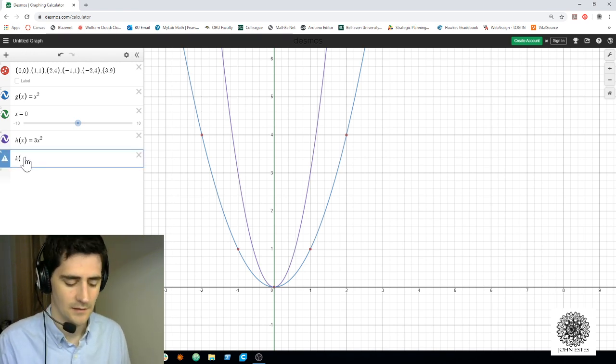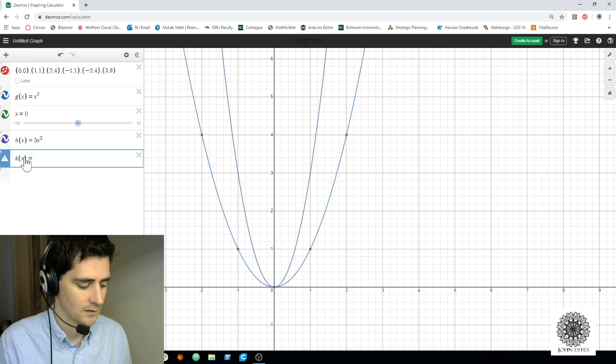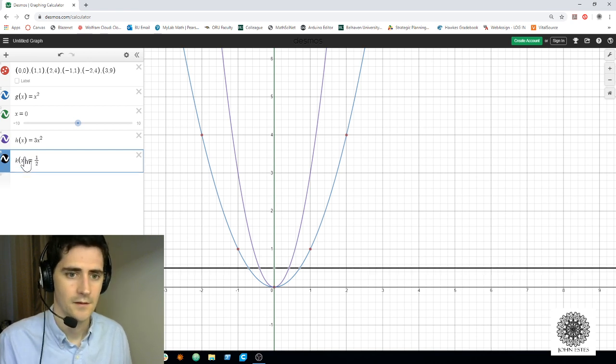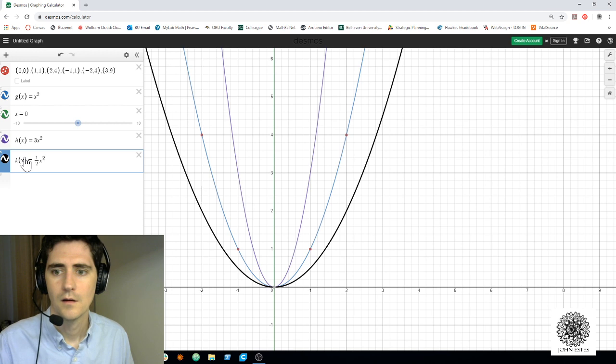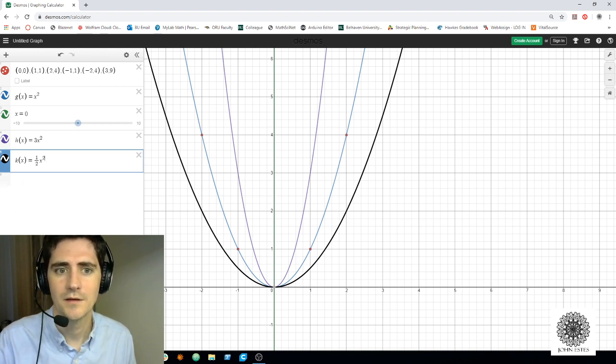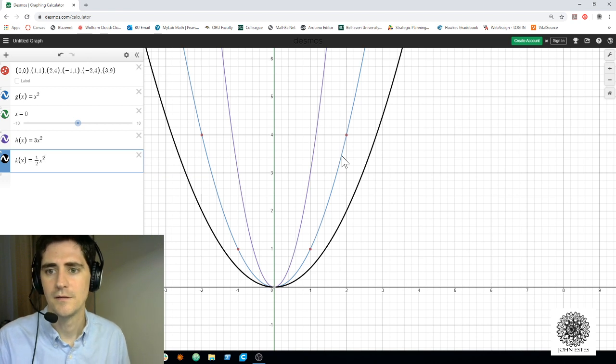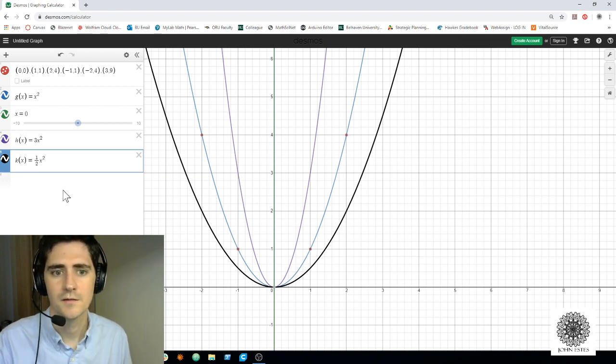If I'd said, let's let k of x be, how about 1/2 x squared? Then I get the parabola again, but this time it's widened out. Okay, so it looks like if I multiply the coefficient in front of the parabola, it either condenses it or stretches it out.